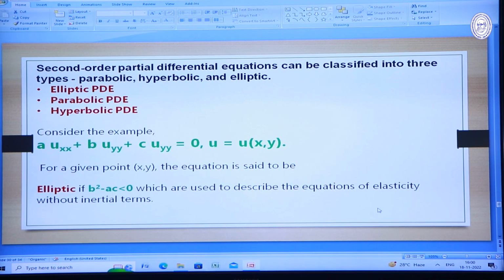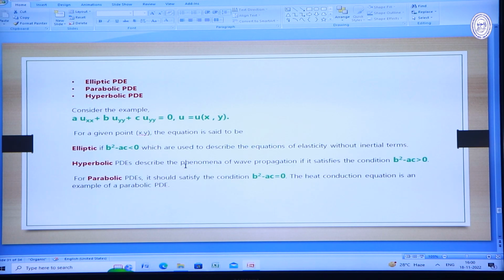Second order partial differential equations can be classified into 3 types. These 3 types described above are elliptic type, parabolic type, and hyperbolic type partial differential equations.